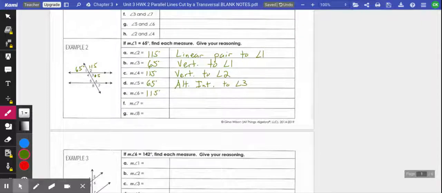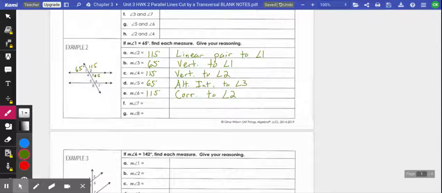I can say it's an alternate interior to angle 4. I can talk about it's a same side interior to angle 3. I can also say it's corresponding to angle 2. All those reasonings are valid, and they all get you the same results.